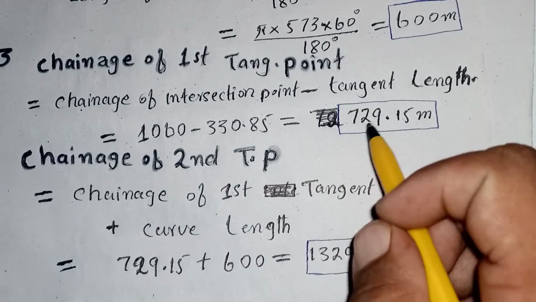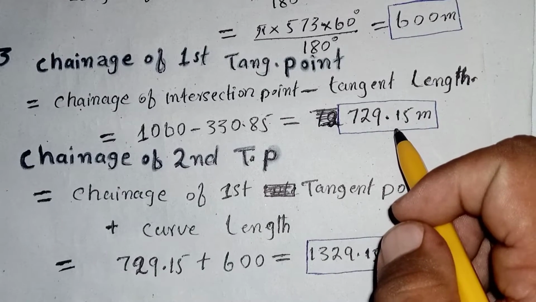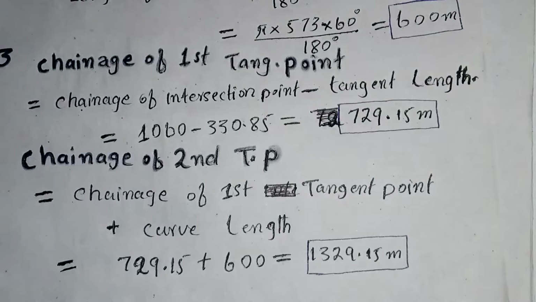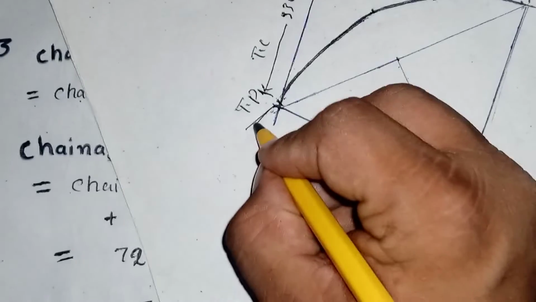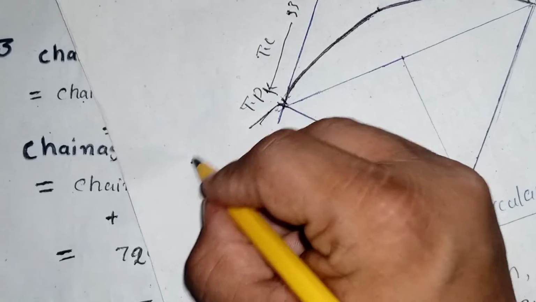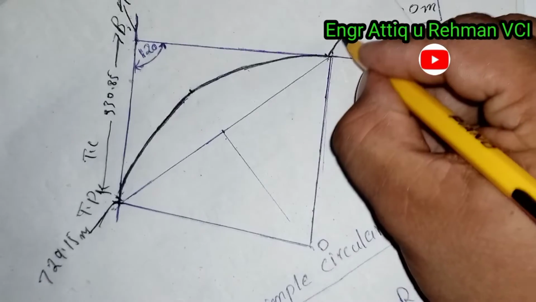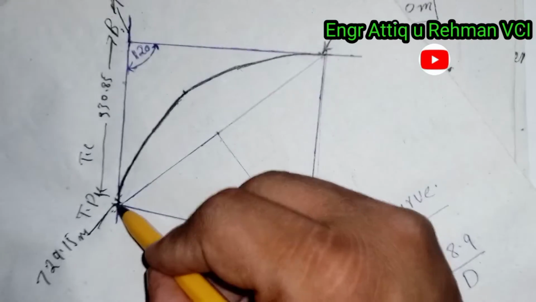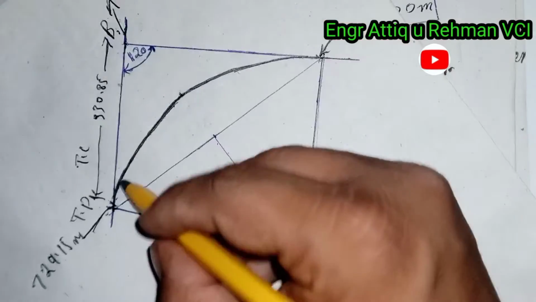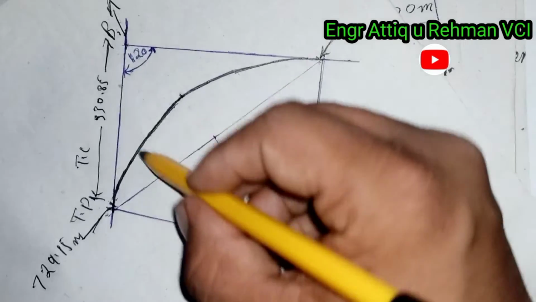So we will get 729.15 meter, which is called the chainage of tangent 1. So the chainage of this tangent point is equal to 729.15 meter, and the chainage of this point is equal to the chainage of this point plus the length of curve.